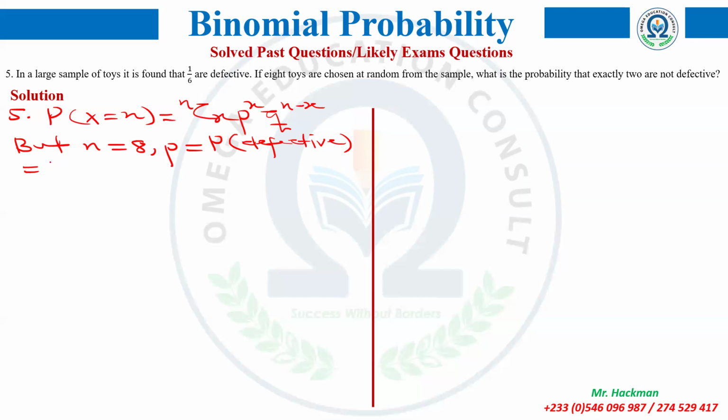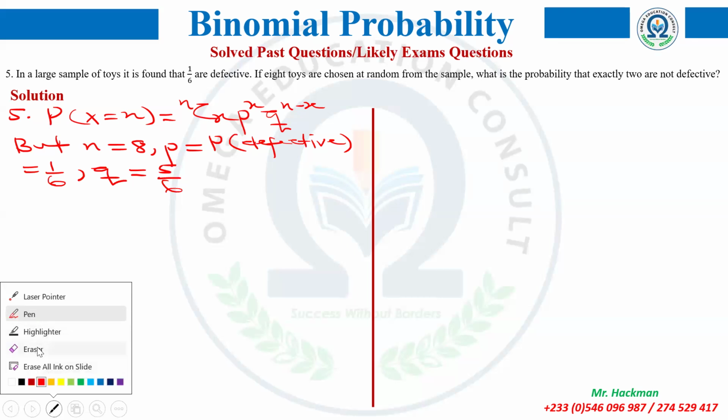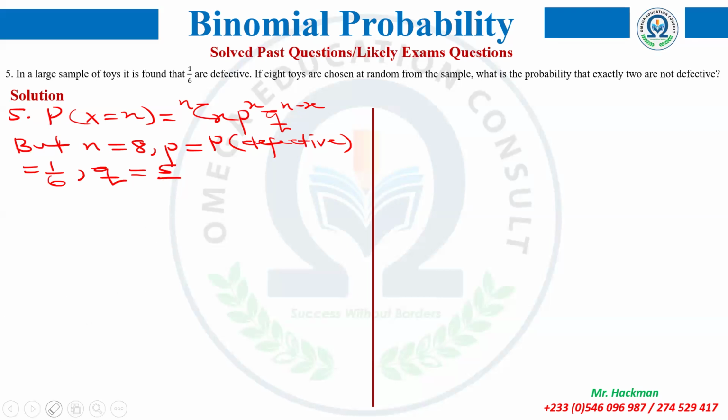Then q will be equal to 1 minus p, so 1 minus 1/6, which gives 5/6. Is my point well made, my professors? Okay, very good. I did that mentally, and you can also do it mentally.